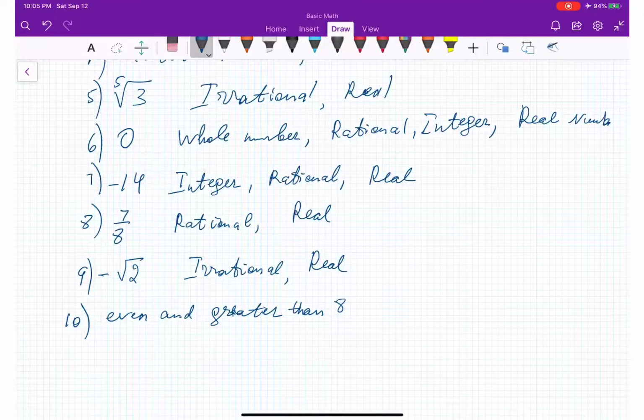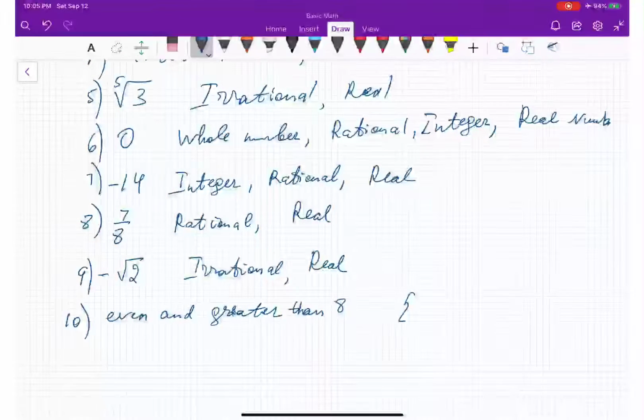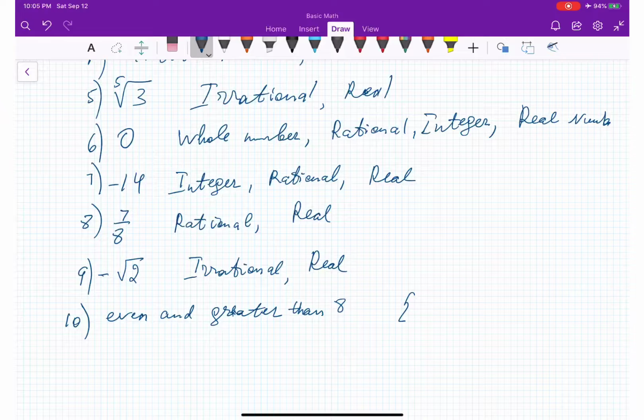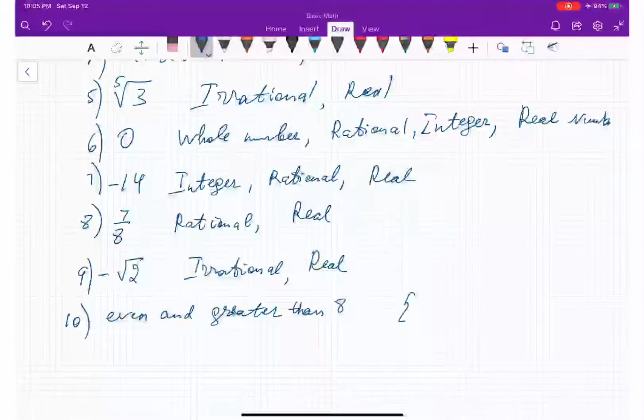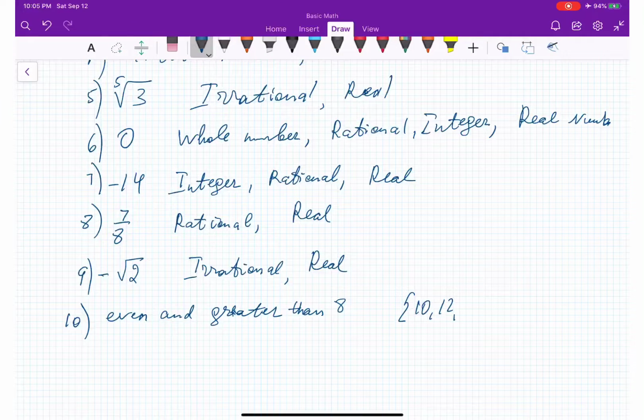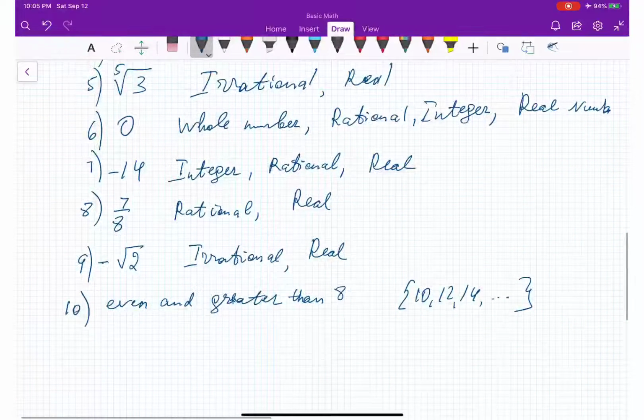So we are going to write down in the format of a set. Greater than 8, we'll start 9, 10, 11, 12. But because it says even, then after 8 it's going to be 10, 12, 14, and so on. Keywords here: even and greater than 8. Therefore, 8 is not going to be included because it's greater than 8.